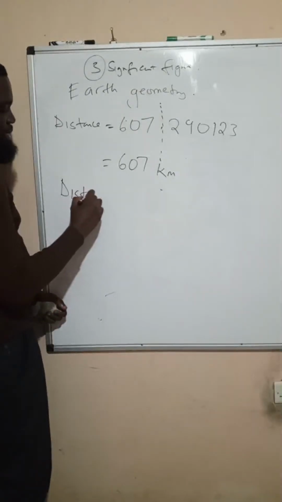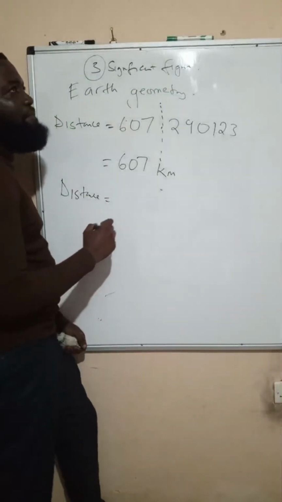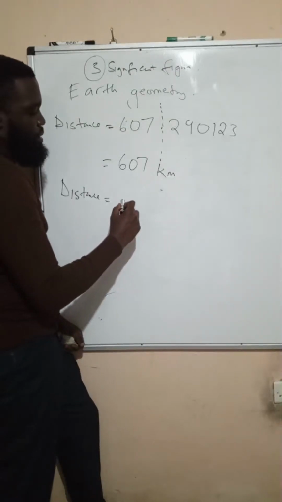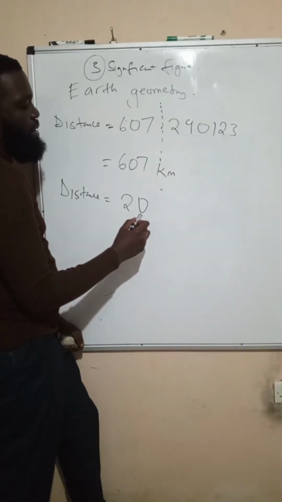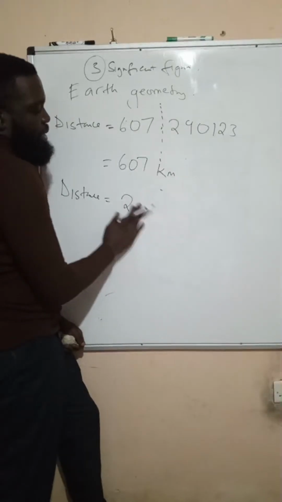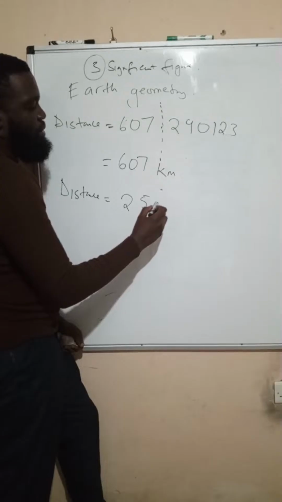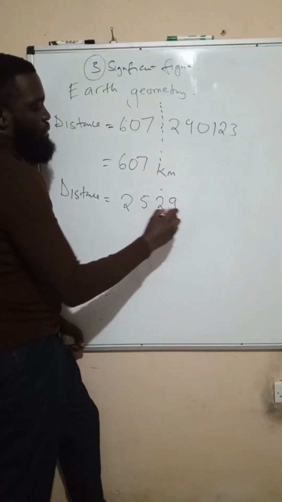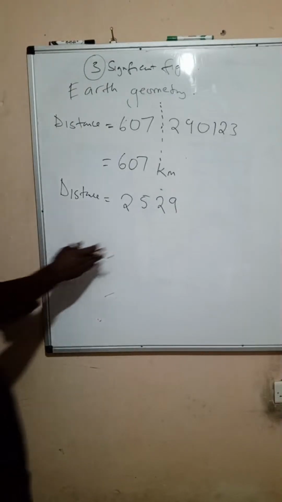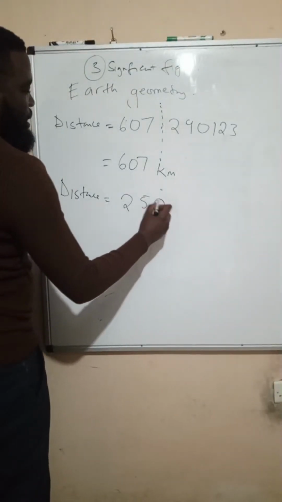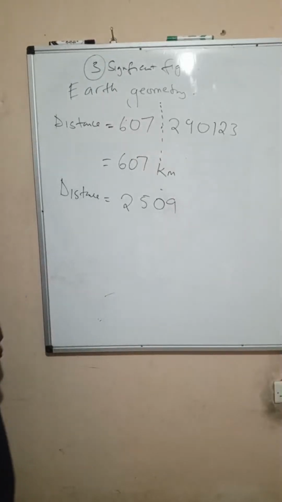What about if the distance is, let's say, maybe 2, 0, 5, 2, 9. Let's say maybe I put 0, I put 9 there.